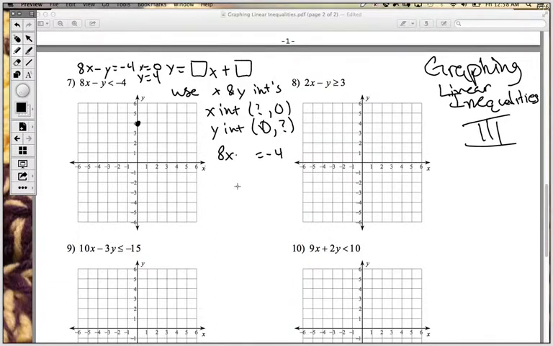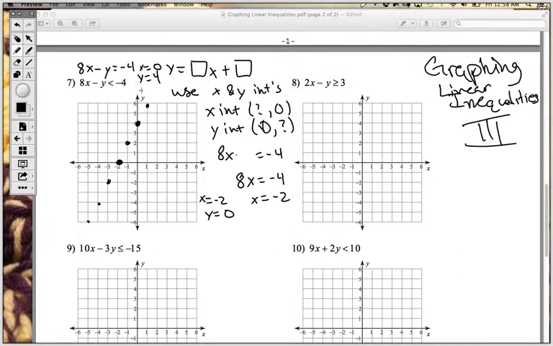We would have 8x equals negative 4. x then would be negative 2. So that tells me that when x equals negative 2, y equals 0. There's my point. Now I have a line, and in fact, I could pretty much see the pattern here. It looks like we have a slope of positive 2 working its way all the way through the line.